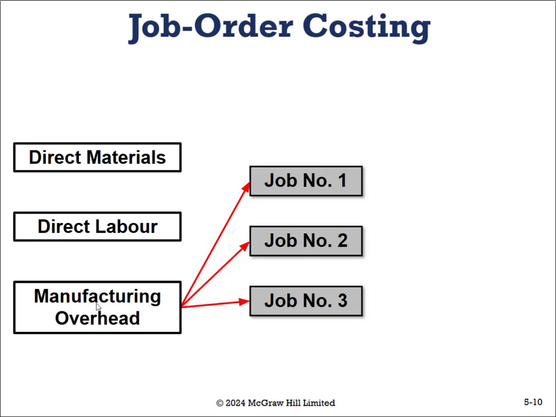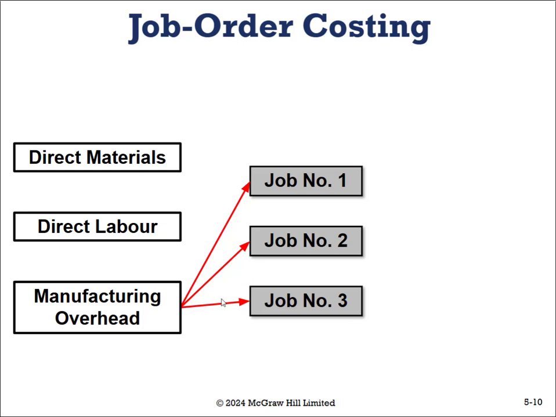All of that goes into our MOH, our manufacturing overhead bucket, and then gets applied out to each of the jobs. We use an allocation base such as direct labor dollars, direct labor hours, machine hours, or perhaps square footage of the plant to allocate manufacturing overhead to individual jobs.